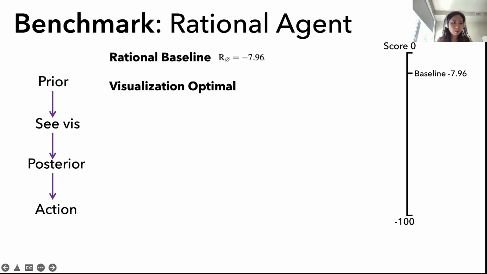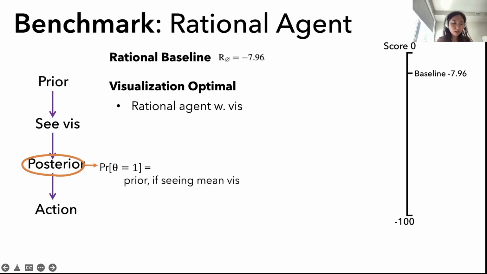And then we have the baseline. We are able to talk about the upper bound. The upper bound, the visualization optimal, is different across visualizations. That's the rational agent seeing the visualization. After seeing the visualization, they have the posterior belief, which is the probability of freezing. This is equal to the prior belief if the rational agent sees the mean visualization, because mean is not varying with probability of freezing, so it's not informative.